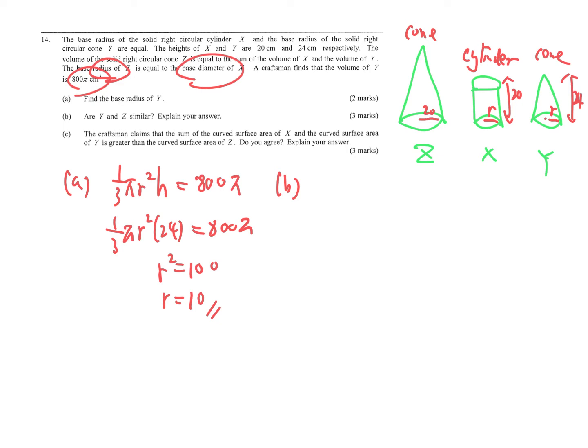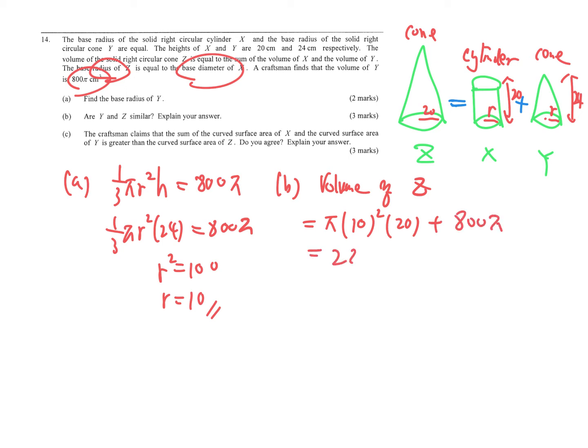First of all, we need to know the volume of Z, because the volume of Z is equal to the sum of the volumes of these two 3D figures, X and Y. So the volume of Z equals the volume of X, that means pi times 10 squared times h, plus the volume of Y, that means 800 pi.